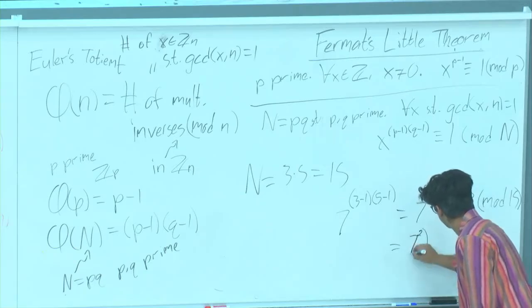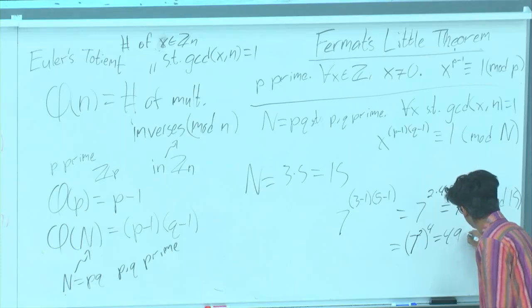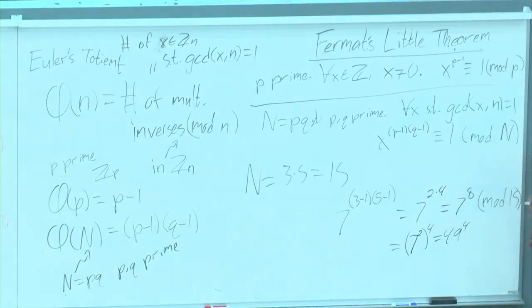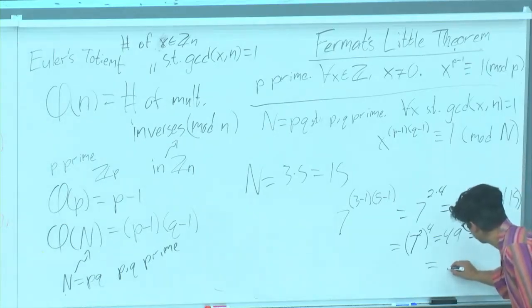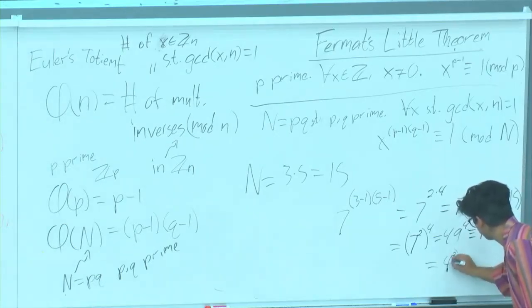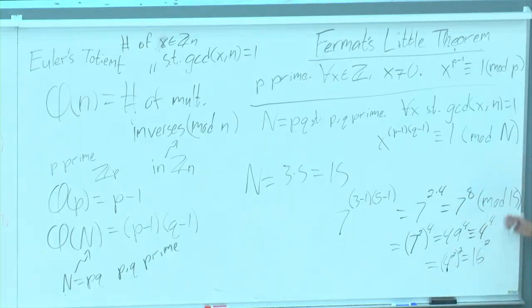So 7 squared to the 4, which is 49 to the 4. 49 mod 15 is 4. So that's congruent to 4 to the 4. And 4 squared to these 2, which is 16 to the 2. And 16 mod 15, that's 1 already. So 1 squared is 1.